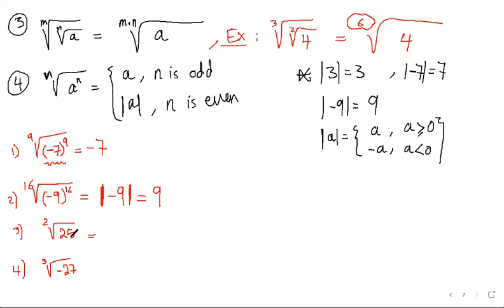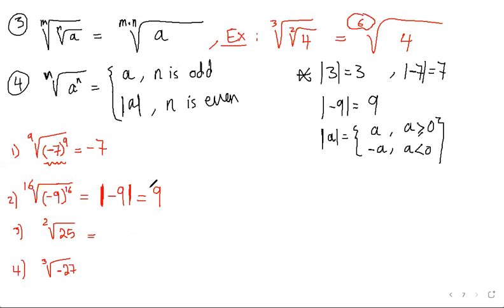Third one. Who will do the third one? It's 5. Why? Because we have a square here. This is exactly 5. But how do you think about this one?